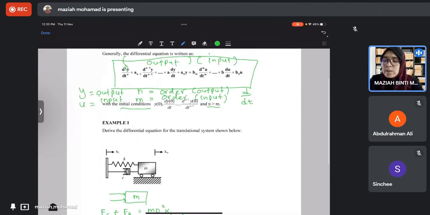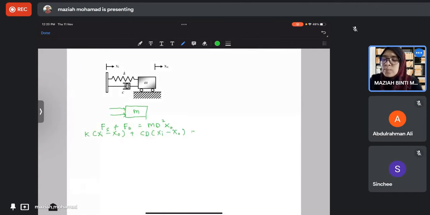So this will be equal to m d squared x naught. Okay, so in order to have an ODE equation, we need to separate the input and output.